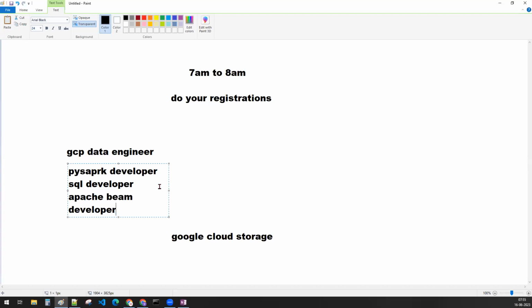So all these are the roles, and once we have completed our course, you are eligible for all of these. You can check it on Naukri as well.